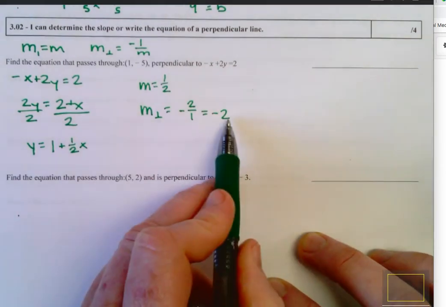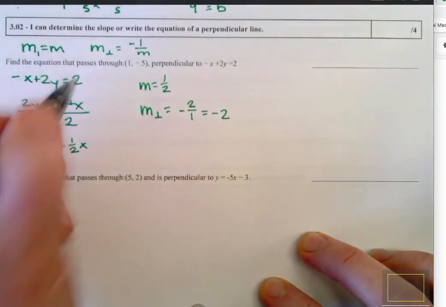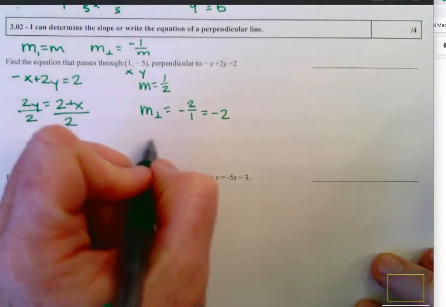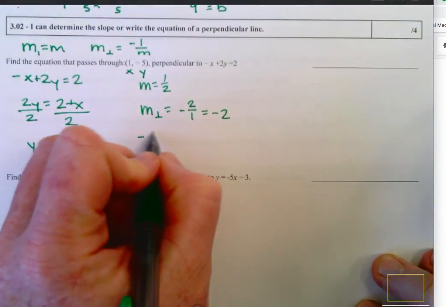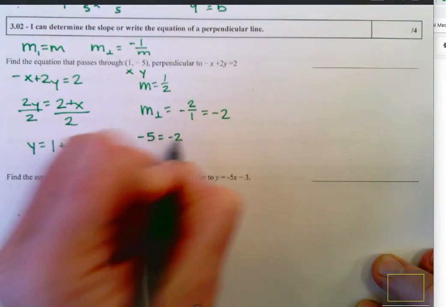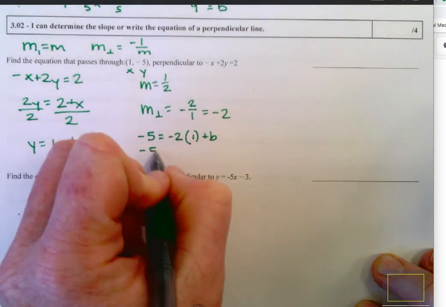So I have my new slope, and I have a point that new line goes through. All right, so we have y, which is negative 5, is equal to m, which is negative 2, my new slope, m, times x plus b. So if I add 2 to both sides, I get b is negative 3.